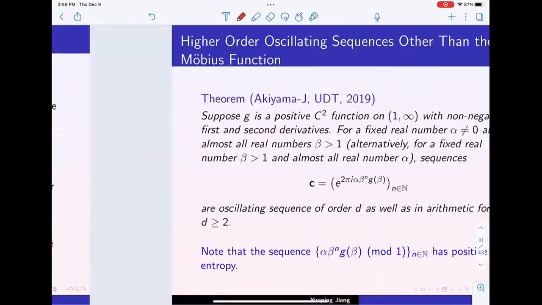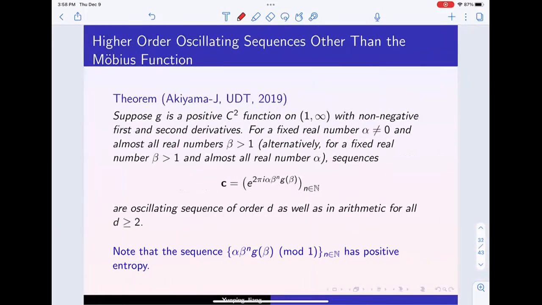Then there used to be a question: do you have other sequences, other than the Möbius function, or other arithmetic functions, which have this kind of high order oscillating? That has been an open question for some time, but it's not open now.